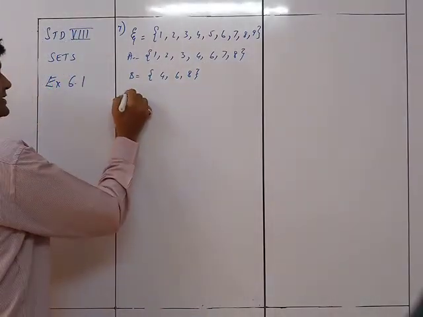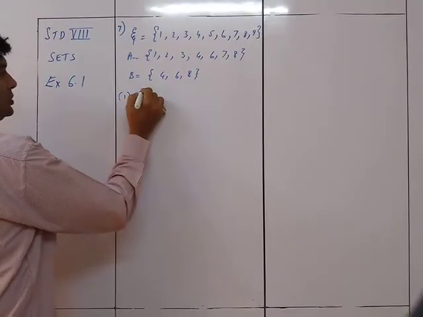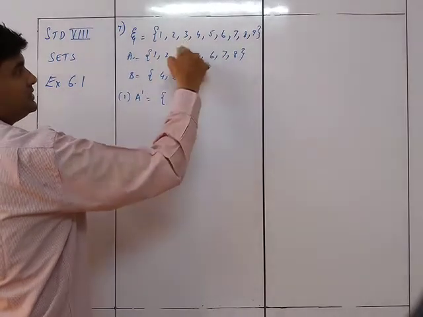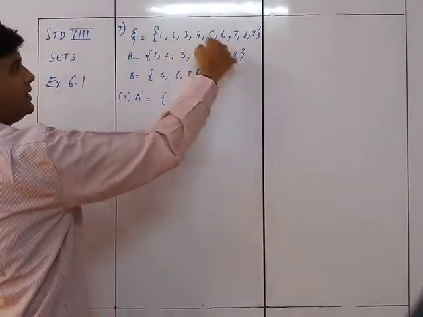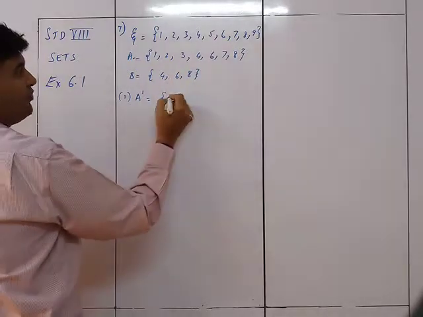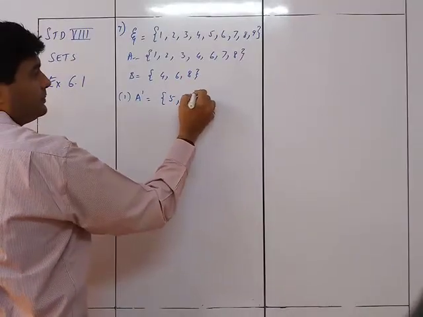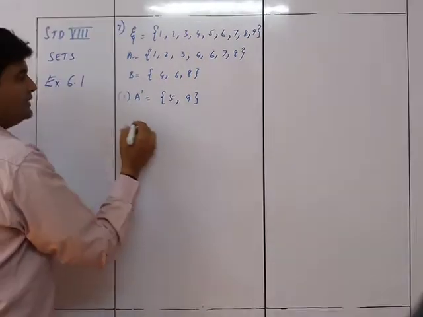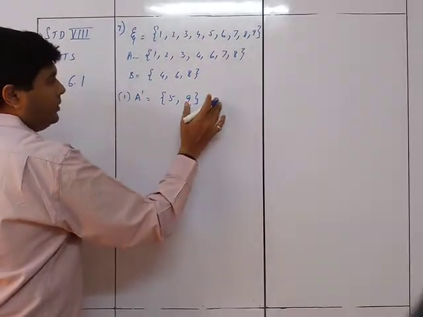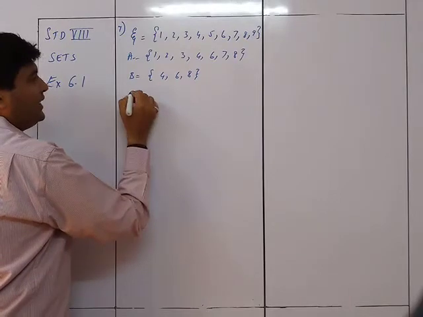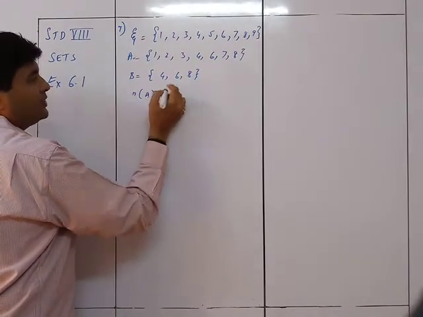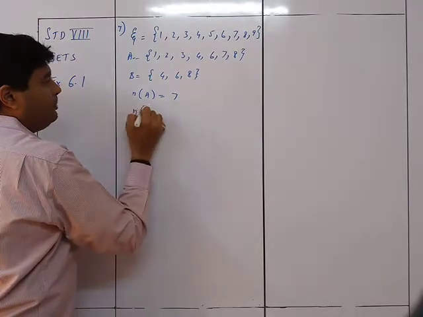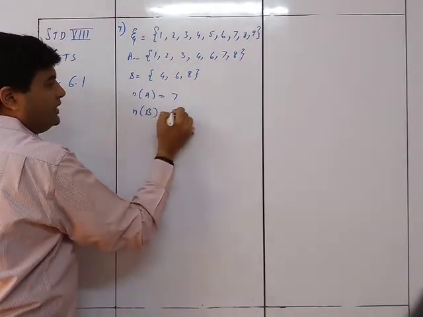The first one is A dash. A dash will be something which is not there in A but present in the universal set, so it's 5 and 9. Before we write this, let's write n(A) is equal to 7 and n(B) is equal to 3.